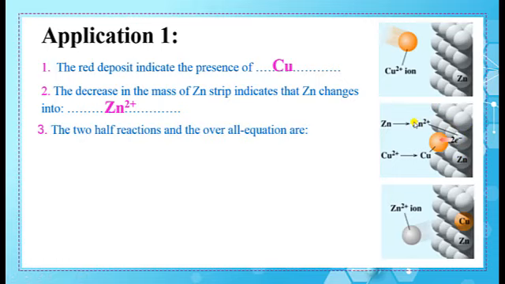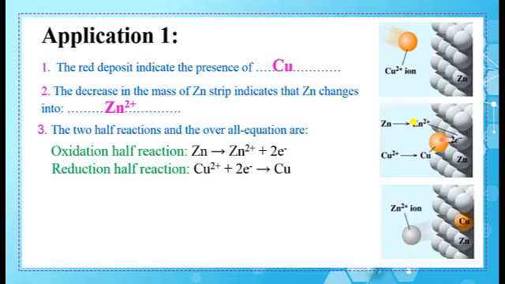The two half reactions and the overall equation are: the oxidation half reaction, Zn is going to change into Zn2+. It will oxidize to Zn2+ by losing 2 electrons. The reduction half reaction is Cu2+ will gain 2 electrons and will form Cu.